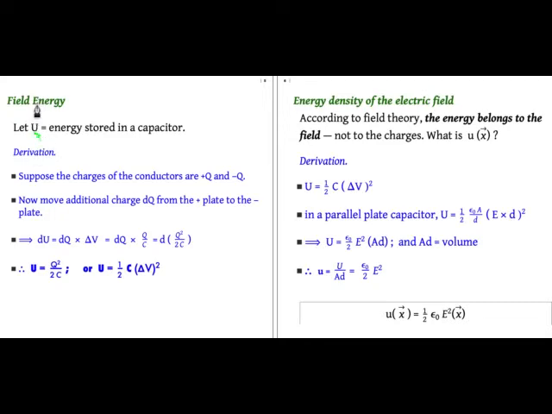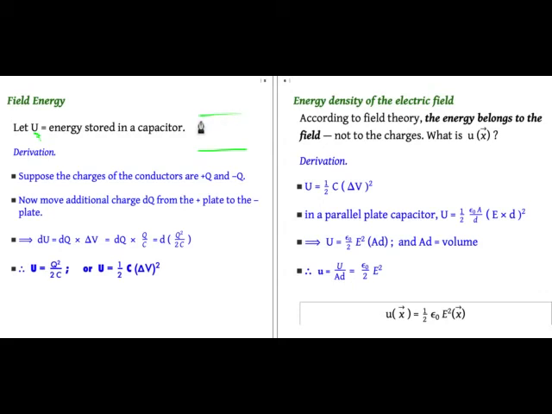So let's derive some equations, which again you'll see in some of the law and kappa problems. First of all, let's calculate the energy stored in a capacitor.